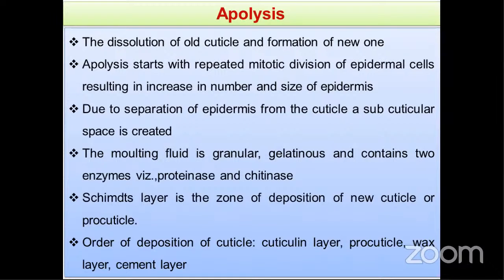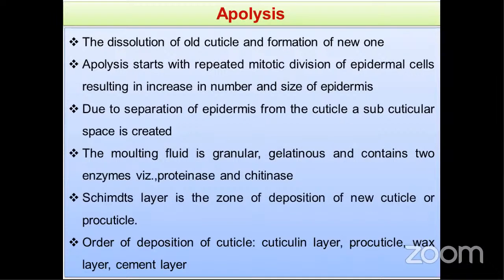Because of these changes, the epidermal cells exert tension on the cuticular surfaces. Because of these pressures, the number is increasing side by side, and at that time very little space is there. So the epidermal cells exert tension on the cuticular surfaces, and as a result the epidermis gets separated from the cuticle.